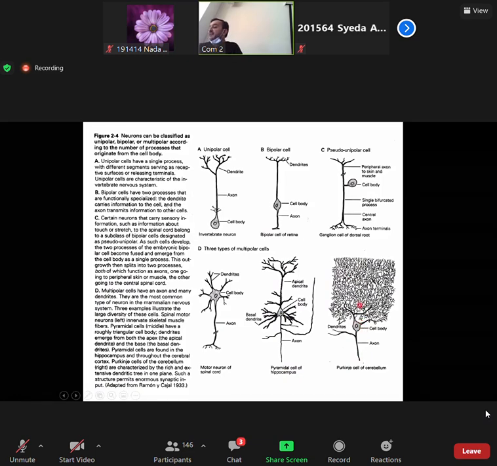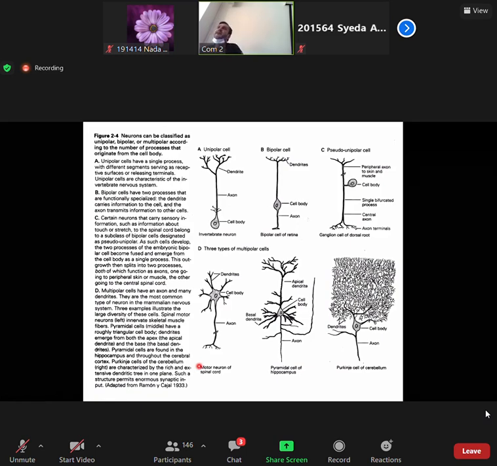You can see the dendrites here, and this is the Purkinje cell of the cerebellum. So this is also an example of a multipolar type of neuron. Purkinje cell of the cerebellum, pyramidal cells of the cerebrum, and the motor neurons of the anterior gray horn cells of the spinal cord. They are all examples of multipolar type of neurons.